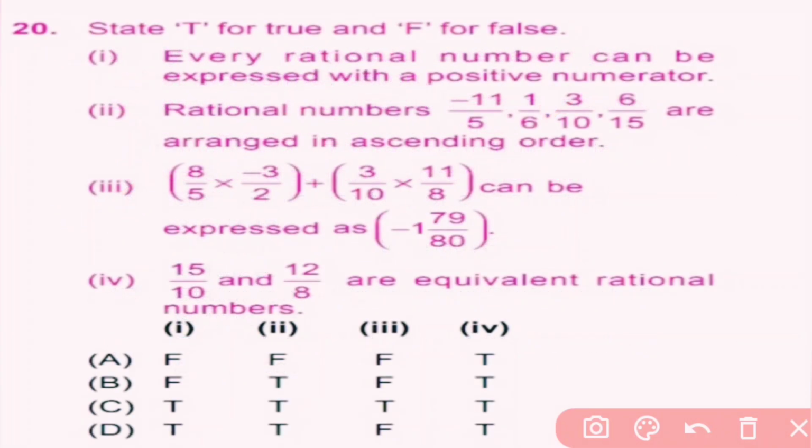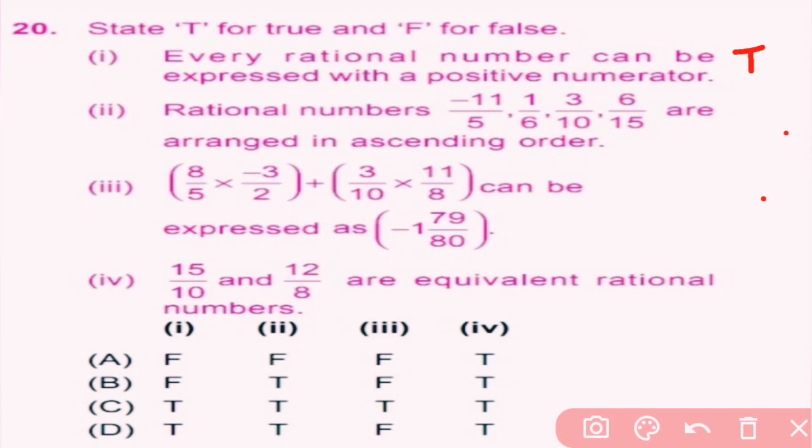Question number 20. State T for true and F for false. Option A. Every rational number can be expressed with a positive numerator. It is a true statement. Option 2. Rational numbers minus 11 by 5, 1 by 6, 3 by 10 and 6 by 15 are arranged in ascending order. So to check the ascending order, we will first make their denominators the same by finding the LCM. LCM of 5, 6, 10, 15 is 30.